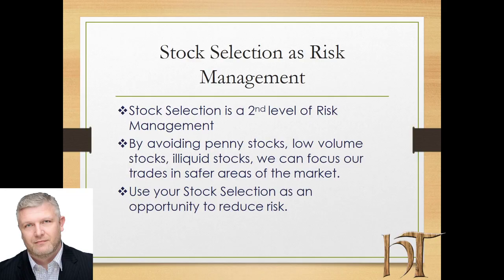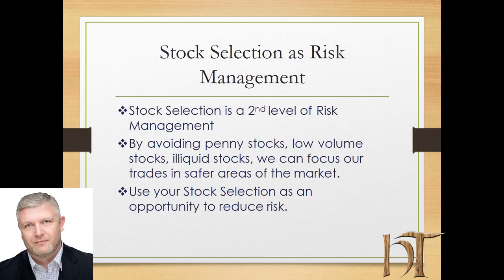Stock selection essentially is our second level of risk management. In the last lesson, we were talking about the first level of risk management: how to set up stops, how to find profit targets and risk versus reward ratios, using a profit loss ratio to manage your risk, so you can trade with a percentage of success even as low as 50%.